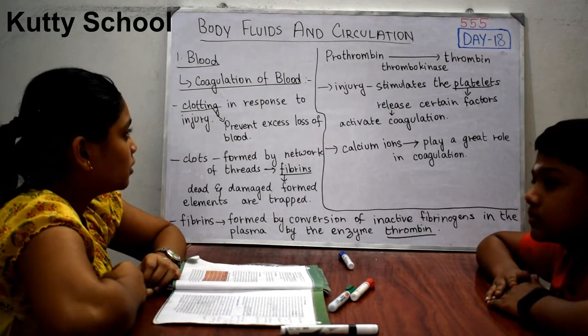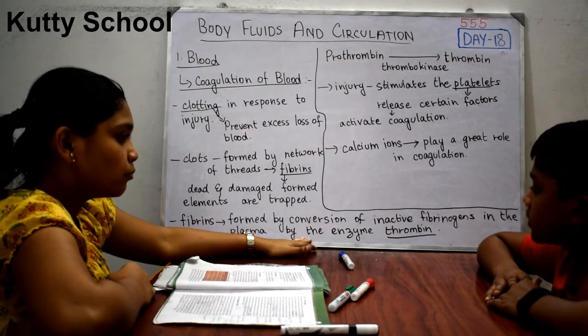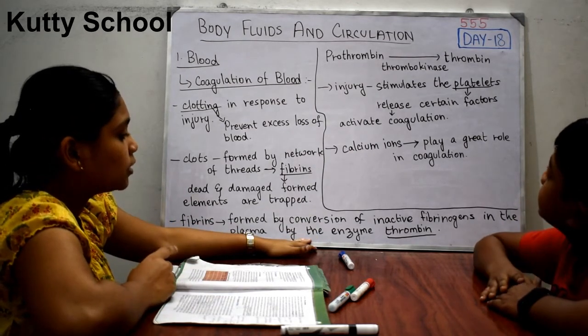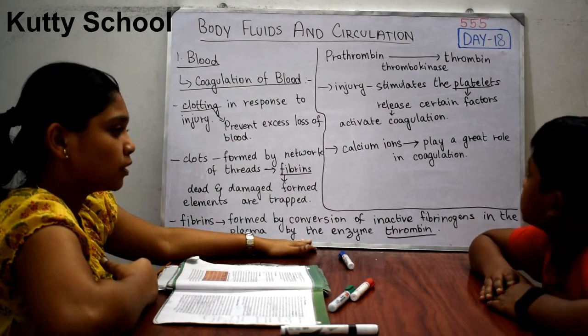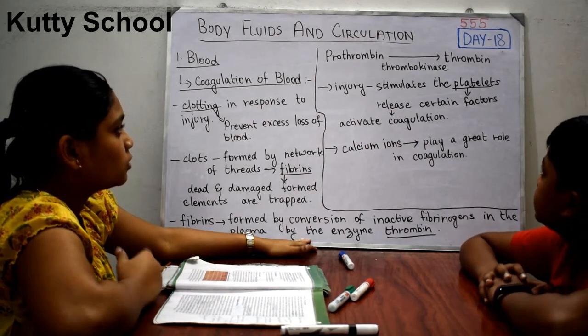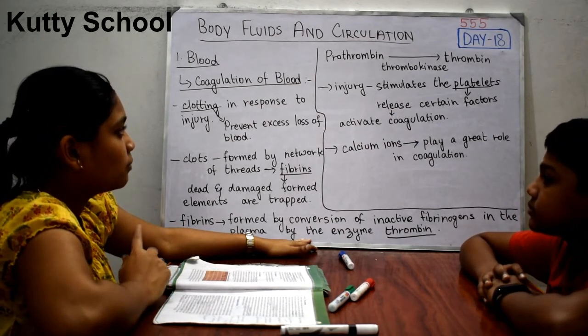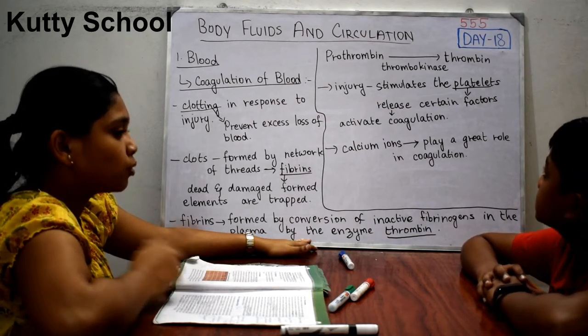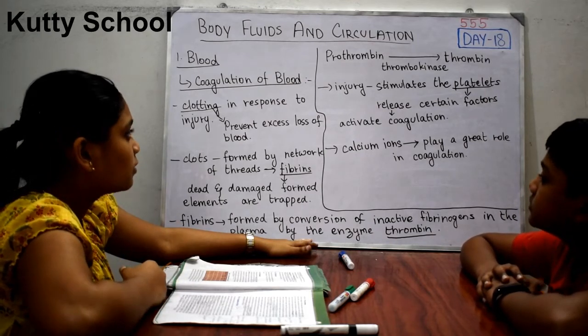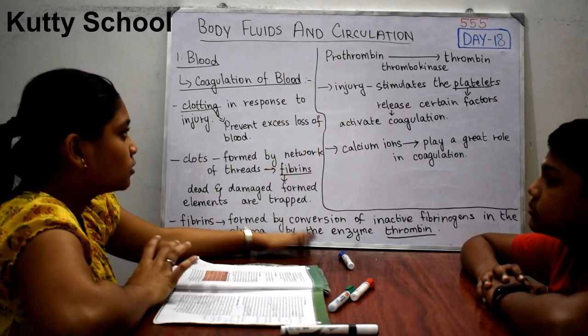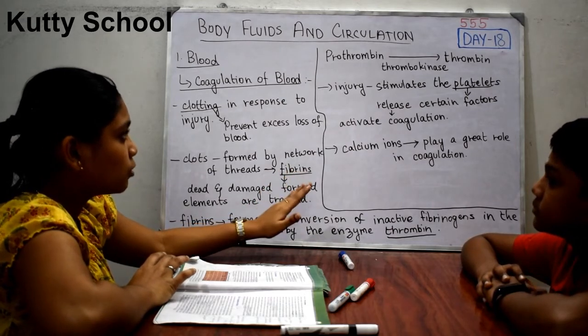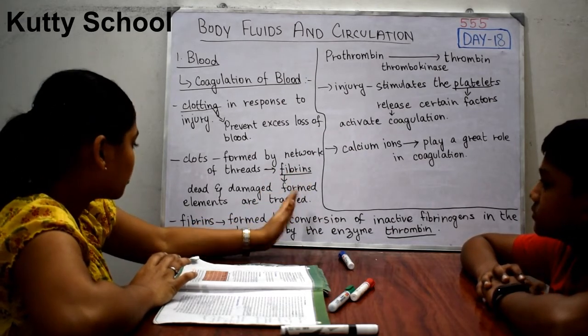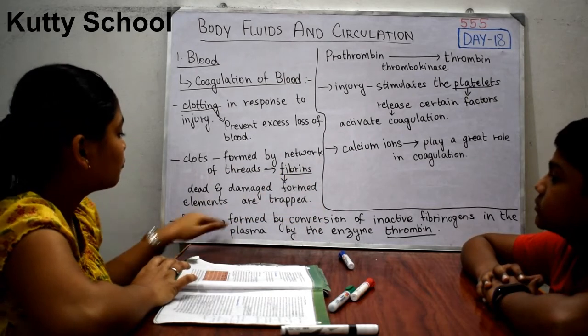So this enzyme thrombin is also present in the inactive stage known as prothrombin. So this prothrombin, with the help of the enzyme thrombokinase, forms thrombin. Okay. Can you understand? So after forming thrombin, this thrombin acts on fibrinogens and forms fibrins.